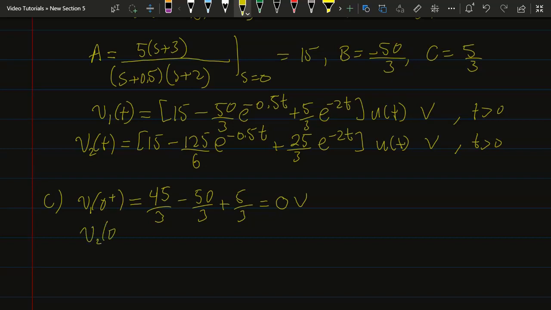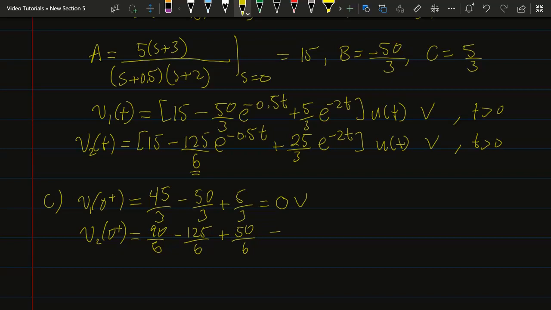Similarly, V2 of 0 plus is equal to, this time I have a 6 in here, so I need 90. So this is 90 over 6. And 90 over 6 is equal to 15. This is minus 125 over 6 plus 50 over 6.